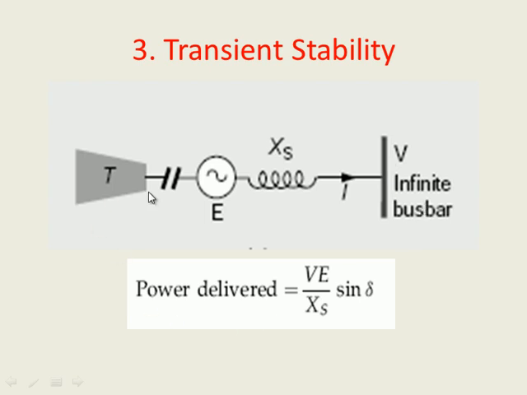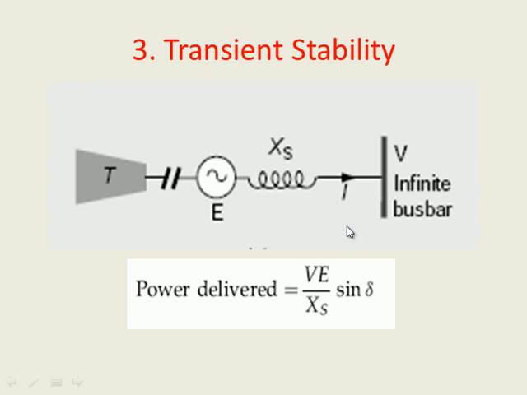The power delivered from this side to this side is given by V_s times V_r, sending end voltage and receiving end voltage, divided by the reactance, times sine of delta. This generally operates at 44 degrees in order to give the steady stability limit.